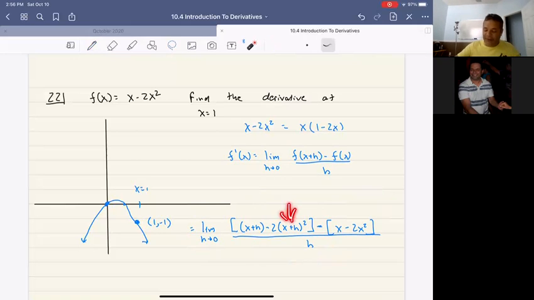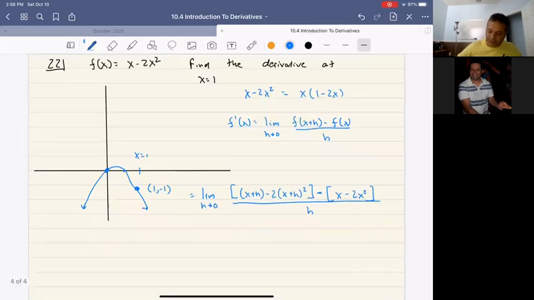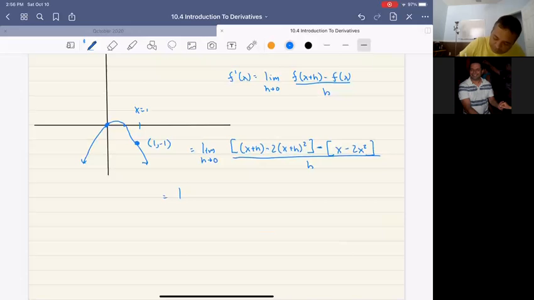Now let me do the exact same thing. I'm going to expand this one. Limit as h goes to 0. By the way, remember this is your f of x plus h. That's your f of x.